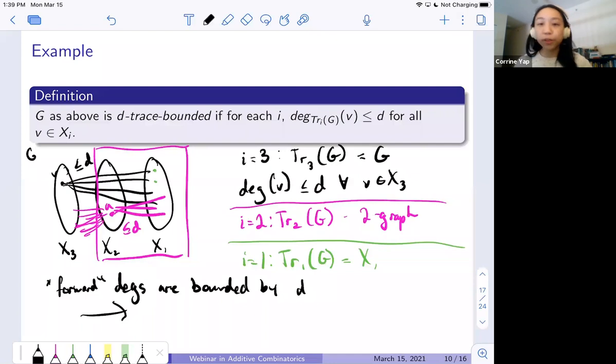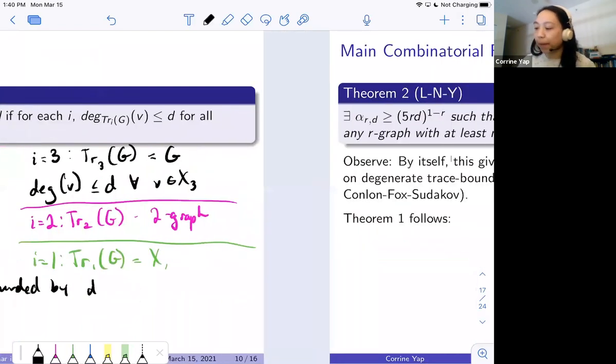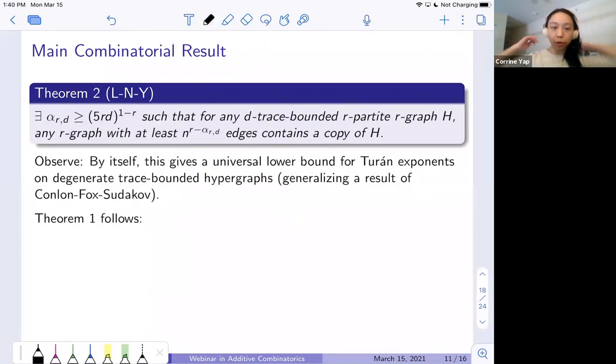Right. Now at this point, I can actually state the main combinatorial result that we showed, which was just a result about D trace bounded hypergraphs. In fact, the bulk of our work was to prove this theorem, which is that we can find some alpha_{R,D}, some constant just in terms of the D for trace boundedness and the R for the R-partite R-graph.